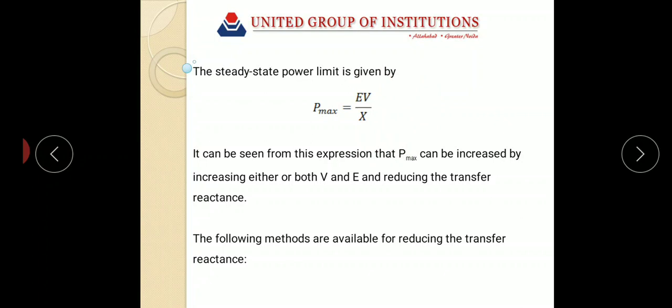It can be seen from this expression that Pmax can be increased by increasing either or both V and E and reducing the transfer reactance. Pmax is inversely proportional to the reactance X and directly proportional to EV. So the following methods are available for reducing the transfer reactance.